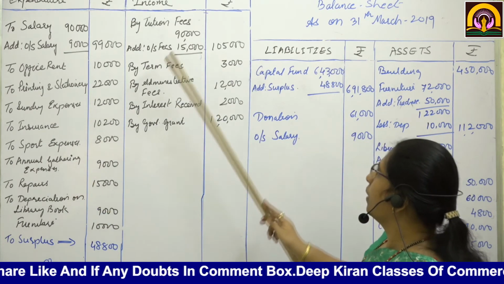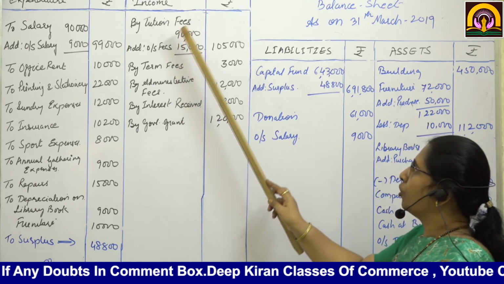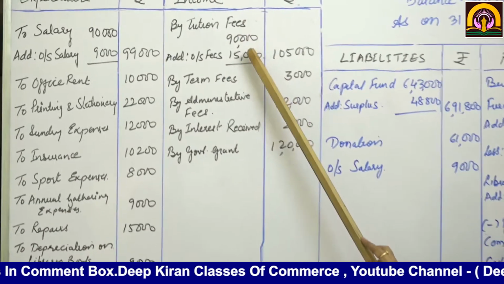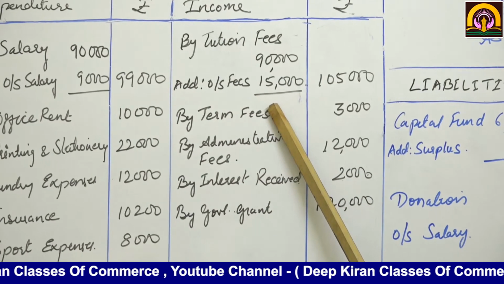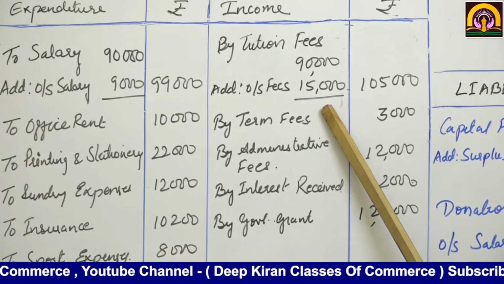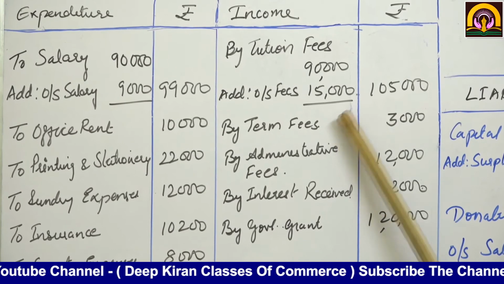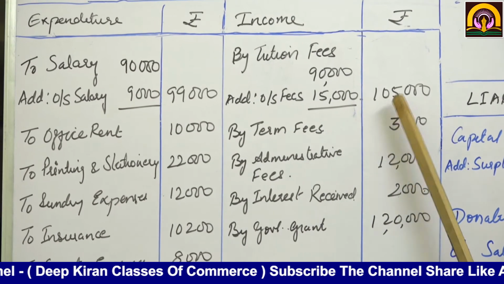Now on the income side, see, tuition fees 90,000. Add outstanding tuition fees. They have said in the adjustment 15,000 are outstanding, so total comes to 1,05,000.